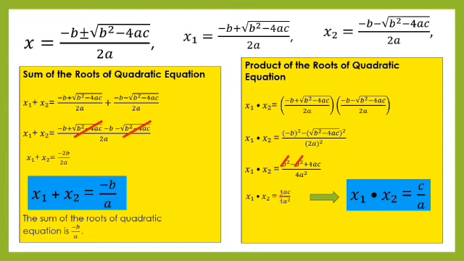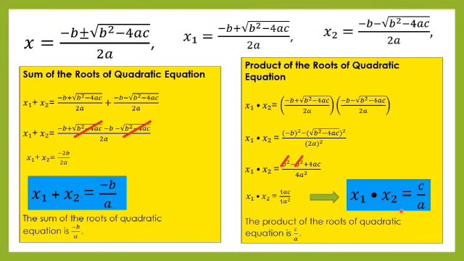And then we have a squared in the denominator while a in the numerator. So, a na lang ang matitira sa denominator. So, we have c over a. This is now the product of the roots of quadratic equation. Remember, c over a is the product of the roots of quadratic equation.